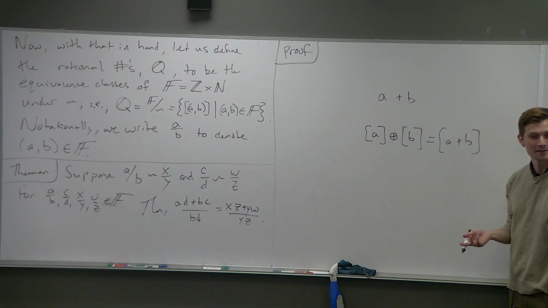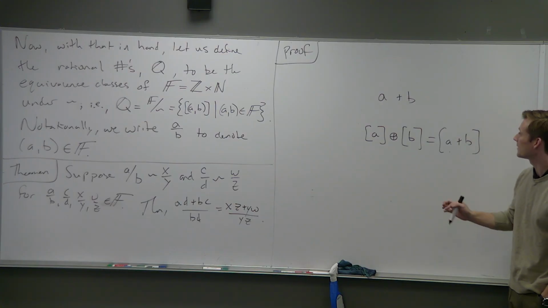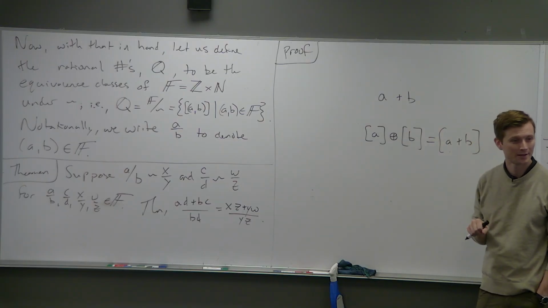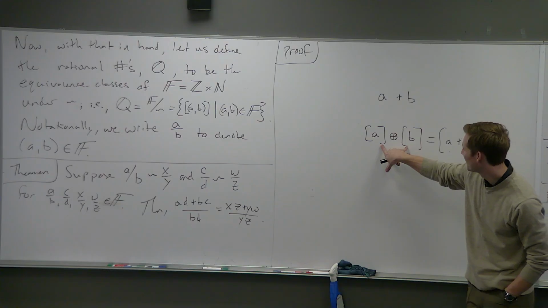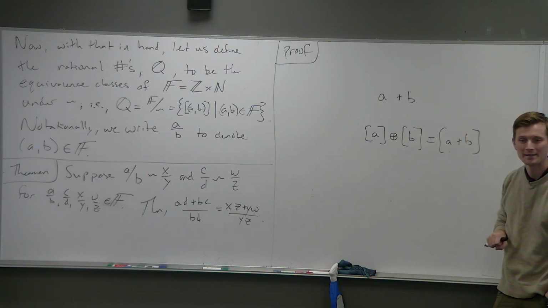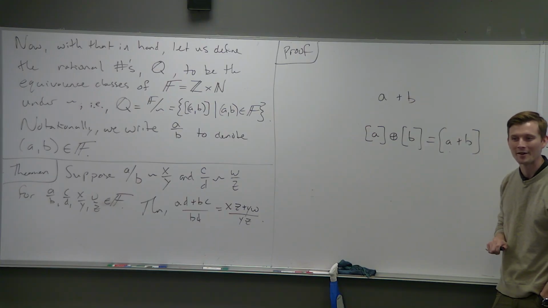This is effectively what we're asking: can we extend addition to equivalence classes just by pulling it inside? I'm seeing some people giving me a look that says they don't like that at all. Here's kind of the idea of it.